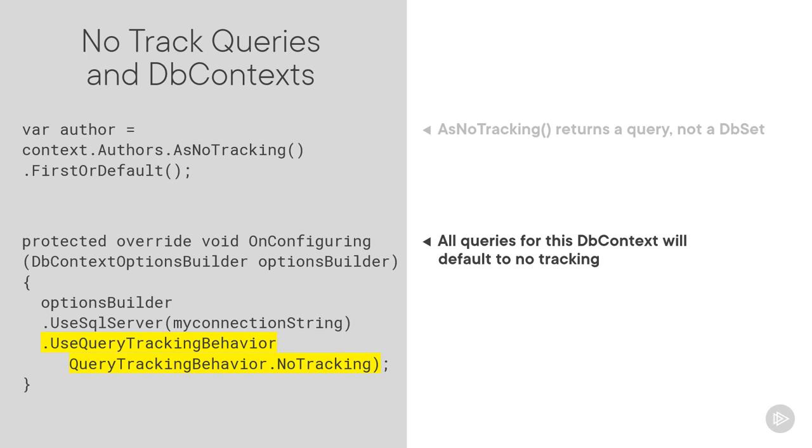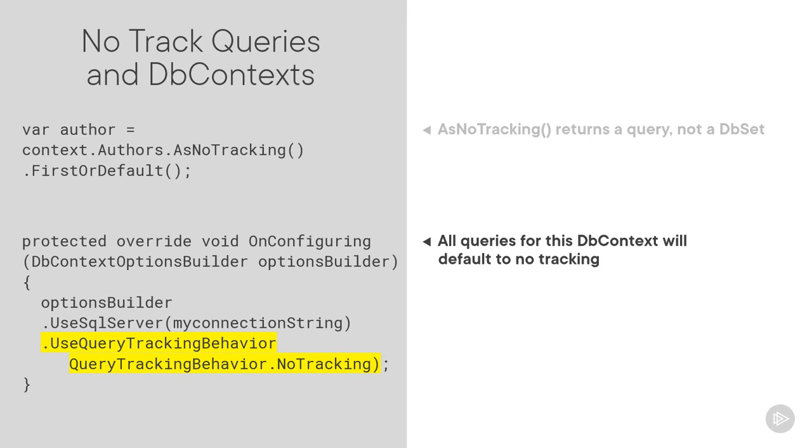There are three of those. The default is TrackAll, and there's also NoTracking, and another one for more advanced uses, NoTrackingWithIdentityResolution. If I were to make that change to the PubContext, every query from PubContext would be a no tracking query by default.